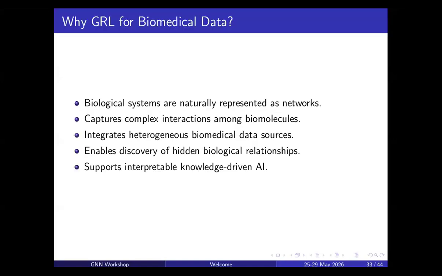So the question is why graph representation learning is important for biomedical data. As you already know, biological systems are naturally represented as networks. This can capture complex interactions among biomolecules. You can see many such natural biological network graphs, and they are majorly heterogeneous with multimodality. So that complexity, those interactions, need to be captured effectively.